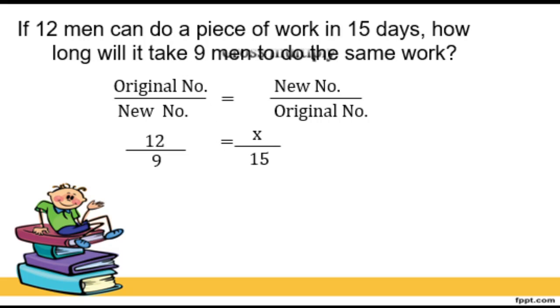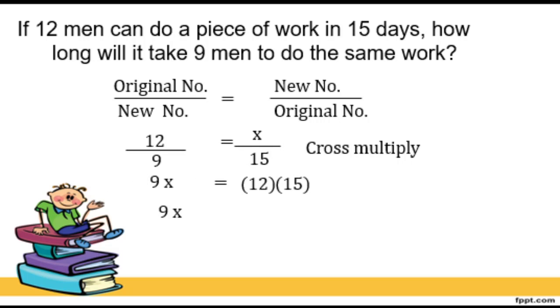Then cross multiply. So 9 times x is 9x, which is equal to 12 times 15, so we just rewrite, 9x is equal to 180. And then divide all terms by 9.